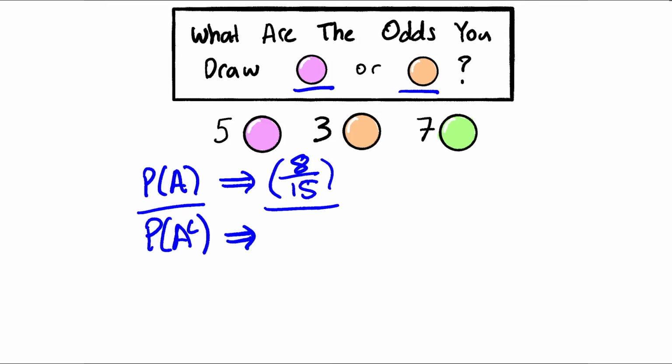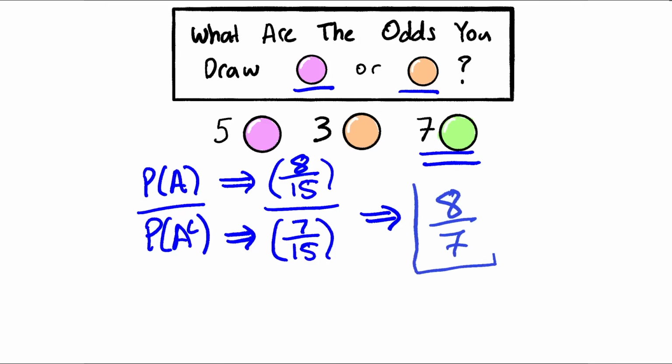Well, A complement is just all the ways that you don't draw a pink or an orange ball. And since there are 7 green balls and 15 total balls, that gives us 7 divided by 15 as the probability of A complement. So that gives us a total odds calculation of 8 over 7. There are 8 to 7 odds that you pick a pink or orange ball.